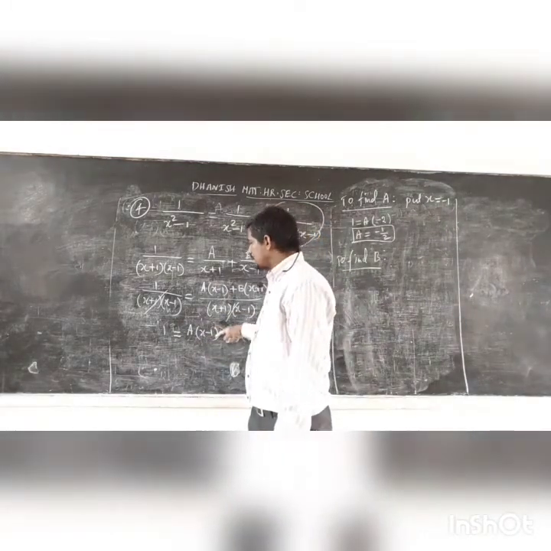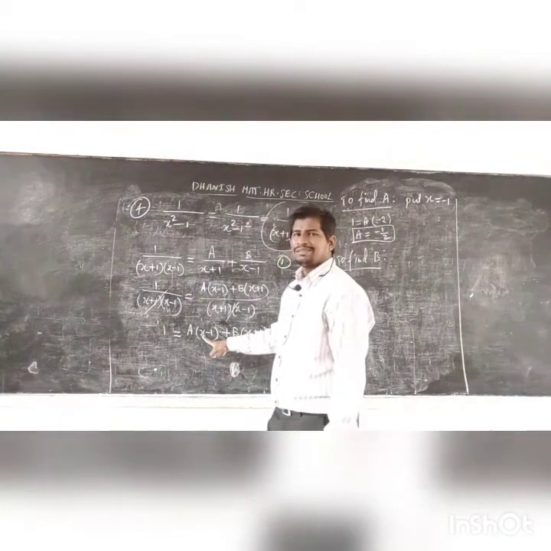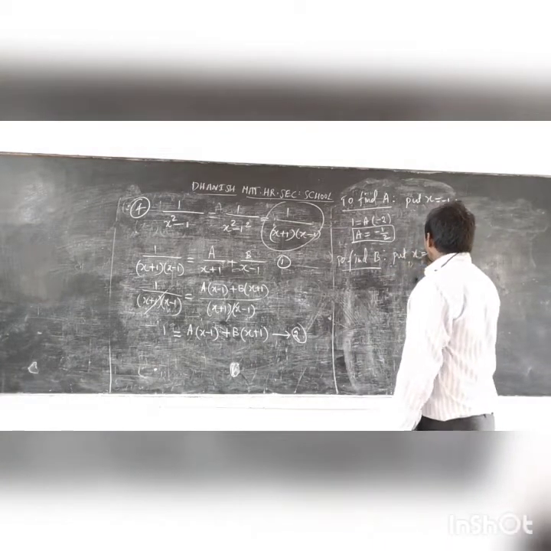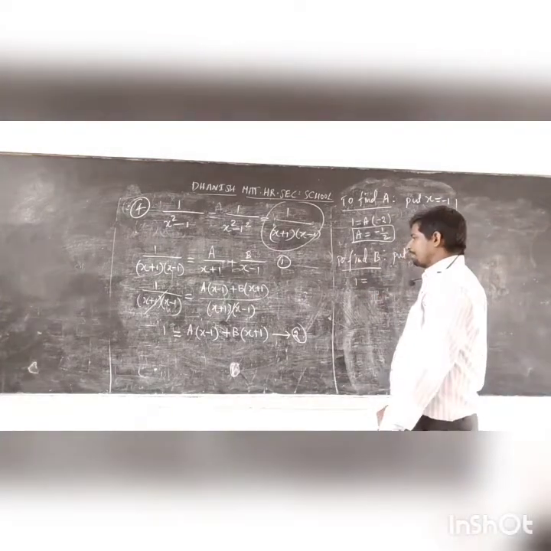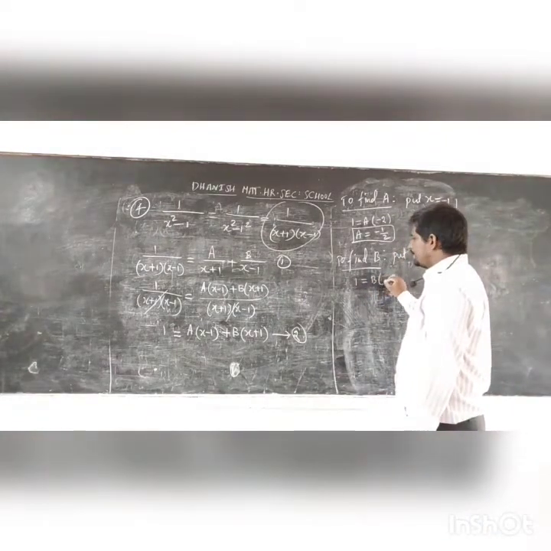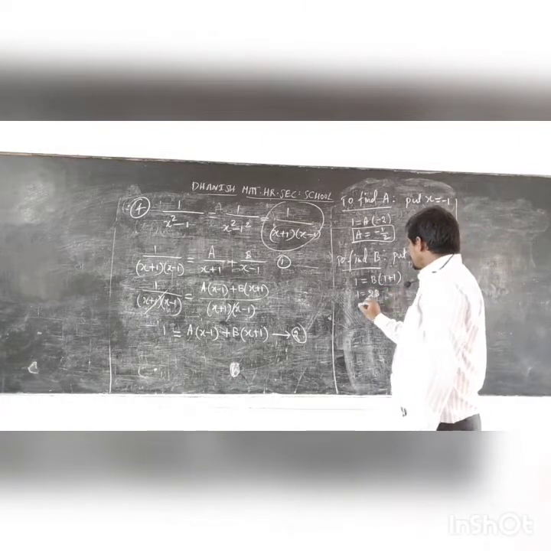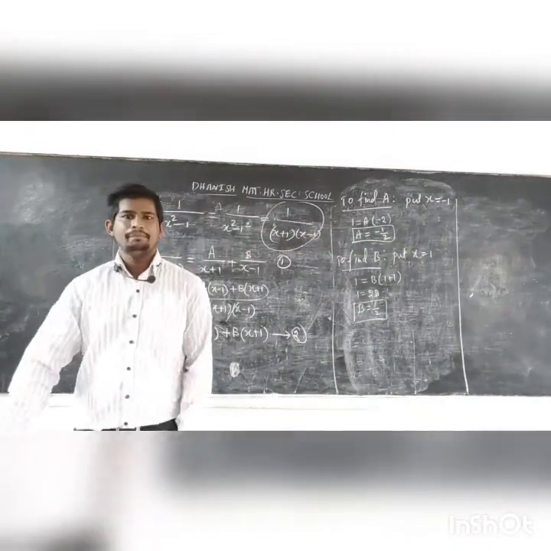If you want to make this term as 0, I am going to put the unknown x as 1. Put x equal to 1. So 1 equal to B into 1 plus 1. So 1 equal to 2B. So B equal to 1 by 2. We got our two values, A and B.